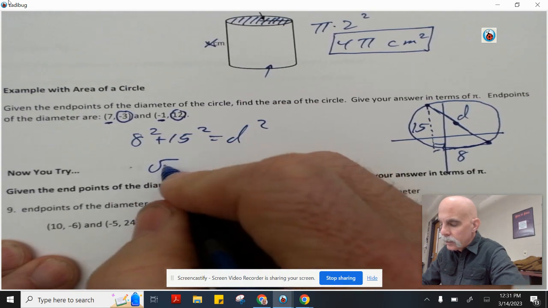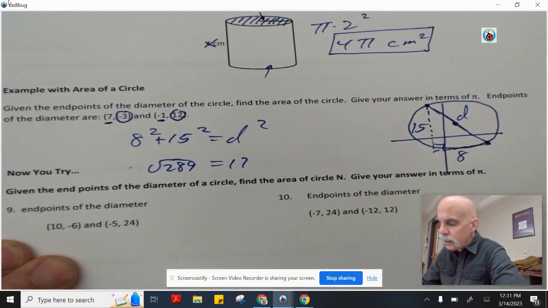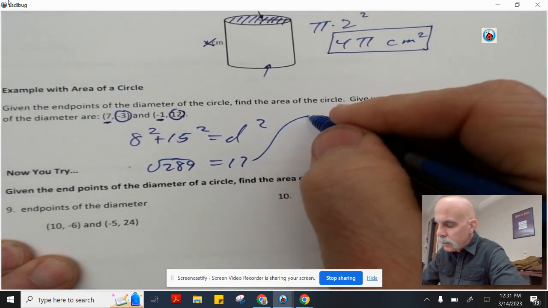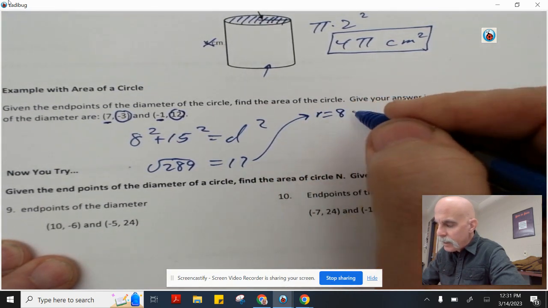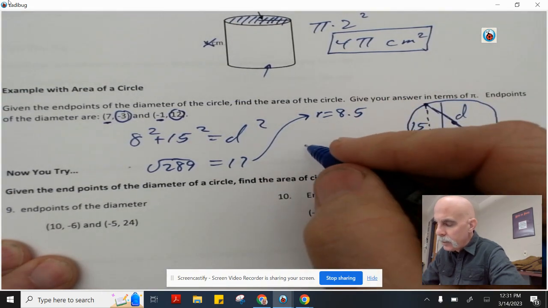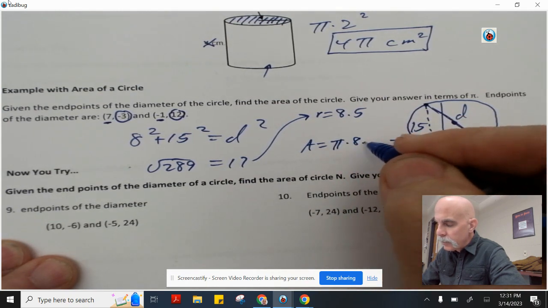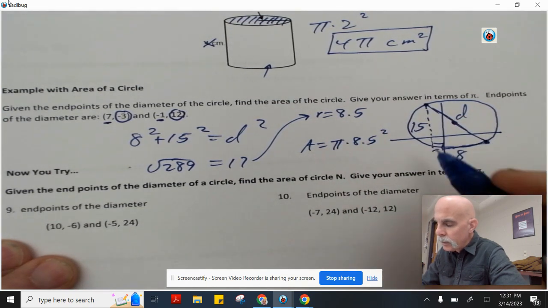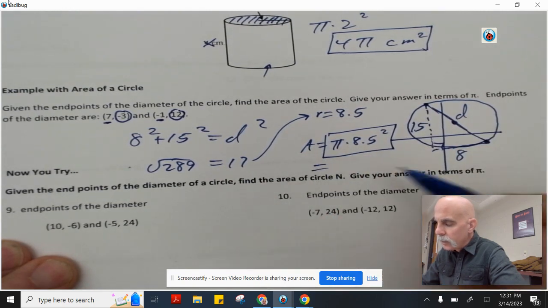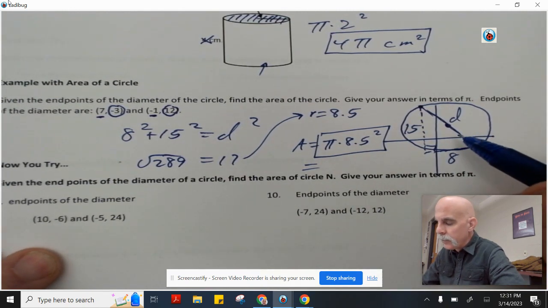And when you do this, you get the square root of 289, which is 17. But that's the diameter, which means the radius is half of that, which would be 8.5. Then you're able to find the area, which would be pi times 8.5 squared. This you would need to type into your calculator. I don't have one right offhand, but that's how you're going to do this area.